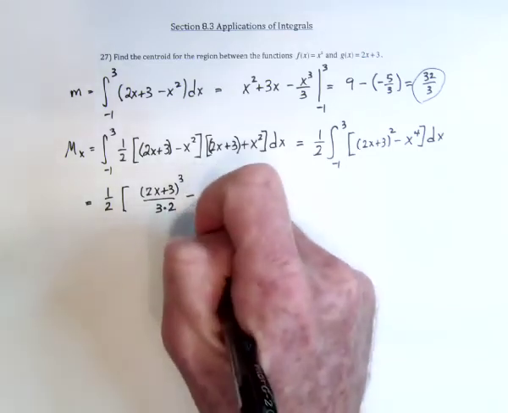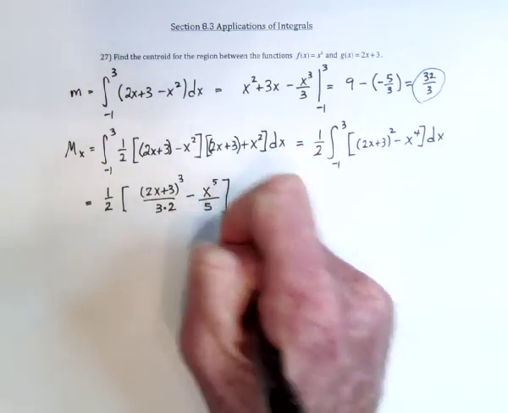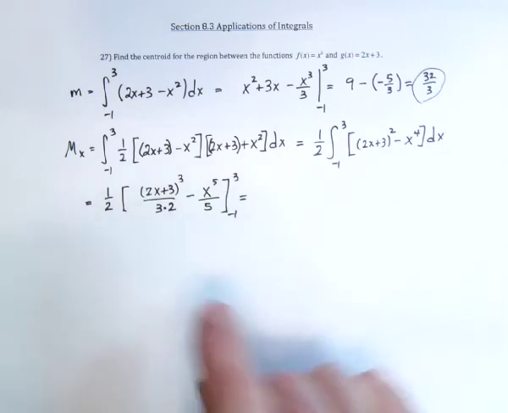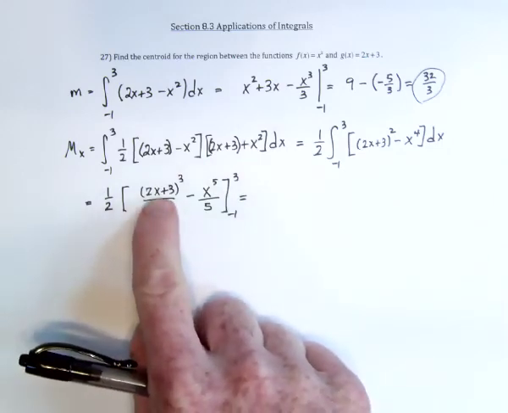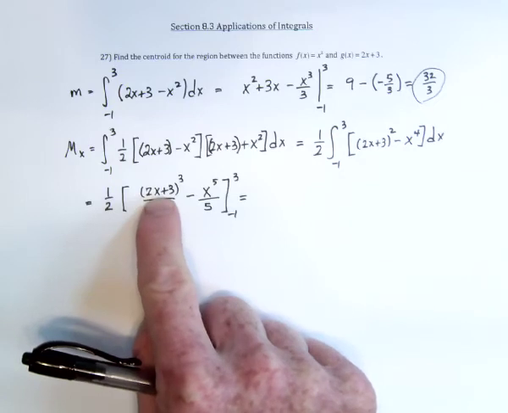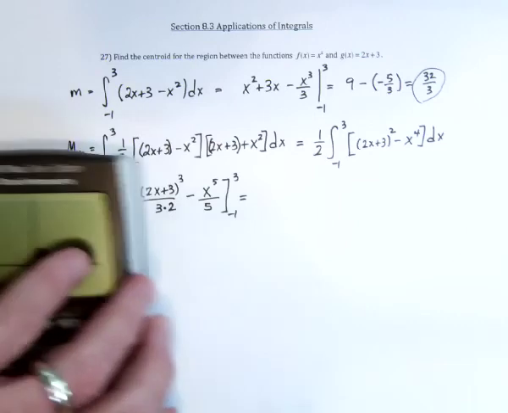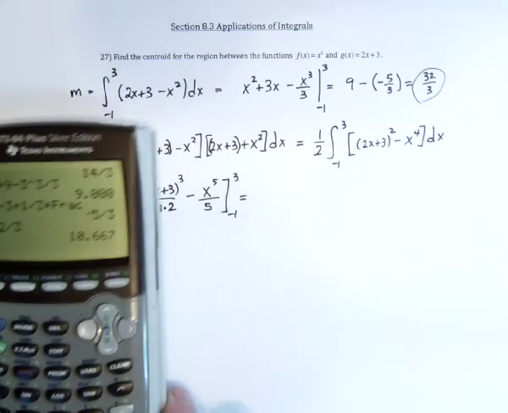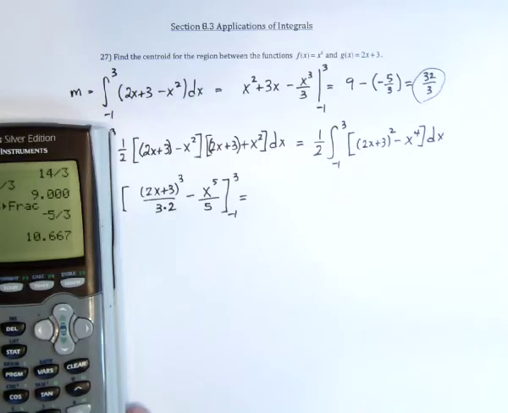And then we've got minus x to the 5th over 5, evaluated from -1 to 3. In here we have 2 times 3 is 6 plus 3, which is 9. So we've got 9 cubed, and then that's divided by 6.